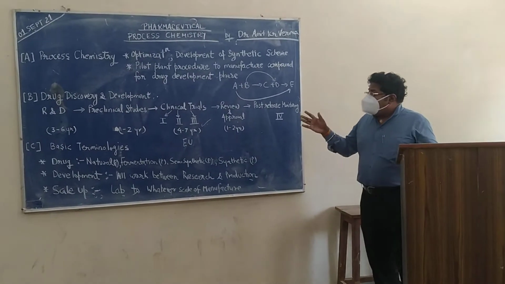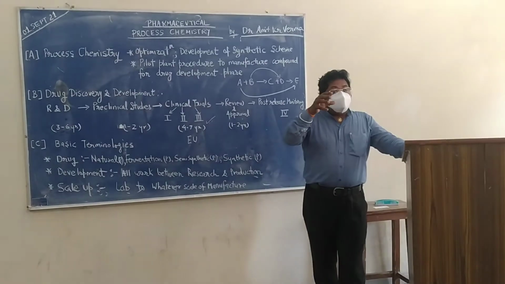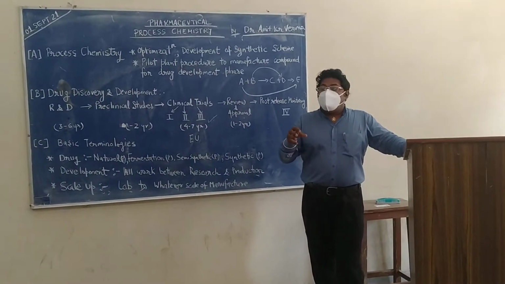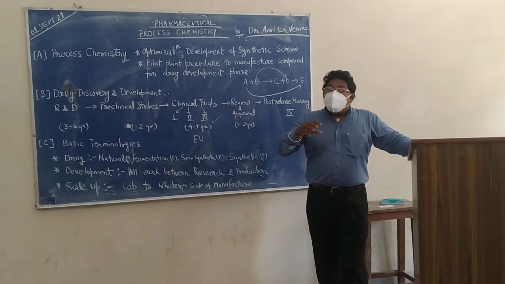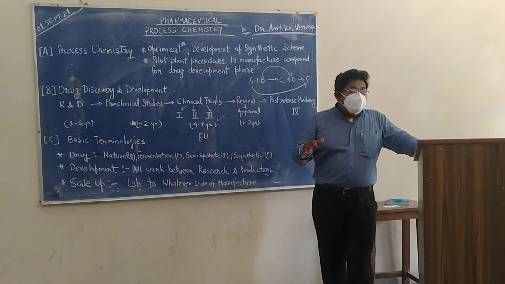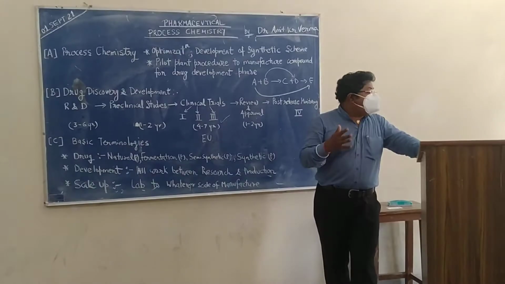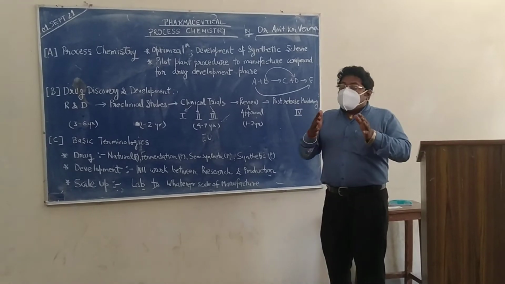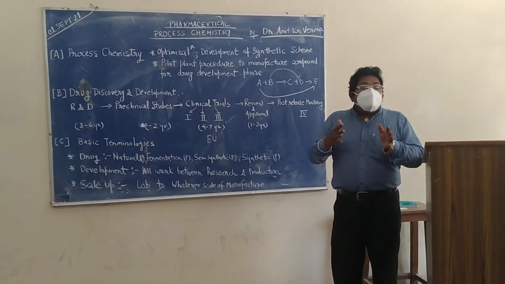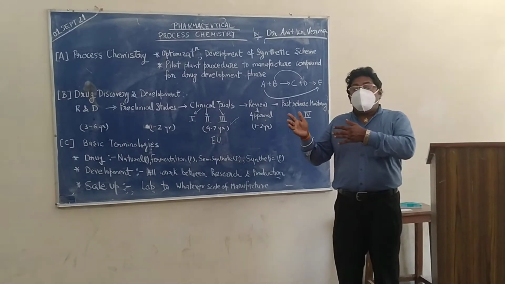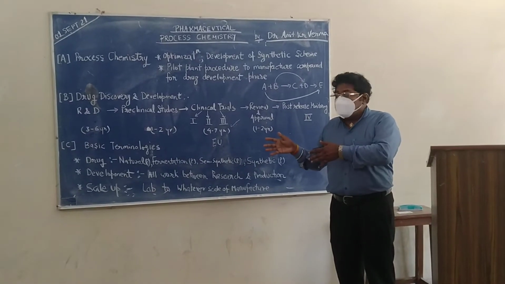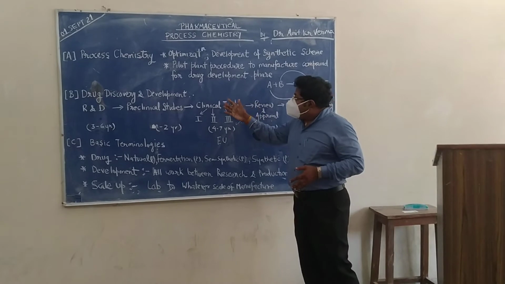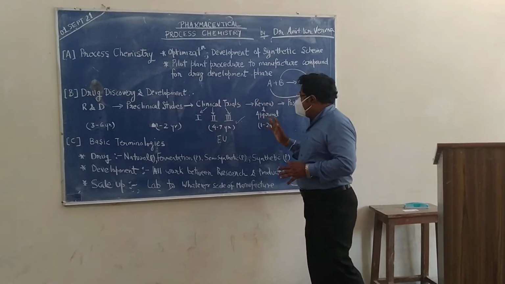In the third phase, we are assessing the safety and efficacy of our drug or molecule in a wider population. We are also doing comparative studies in comparison to other medicines or drugs, if available. So this is clinical trial phase 3.